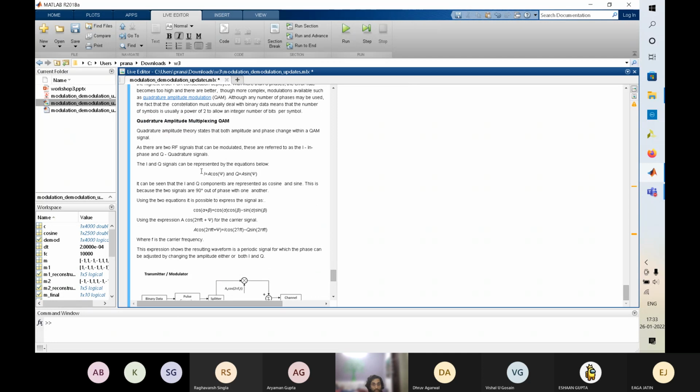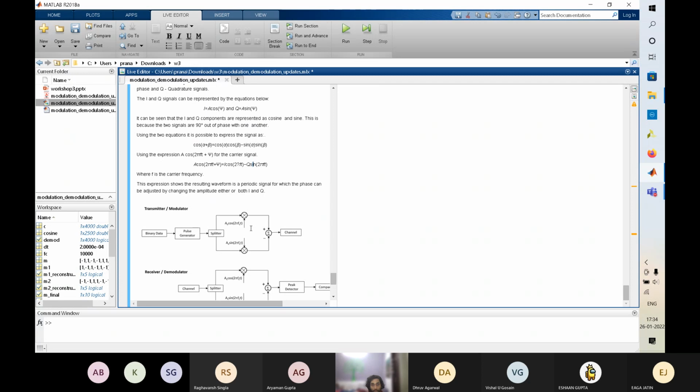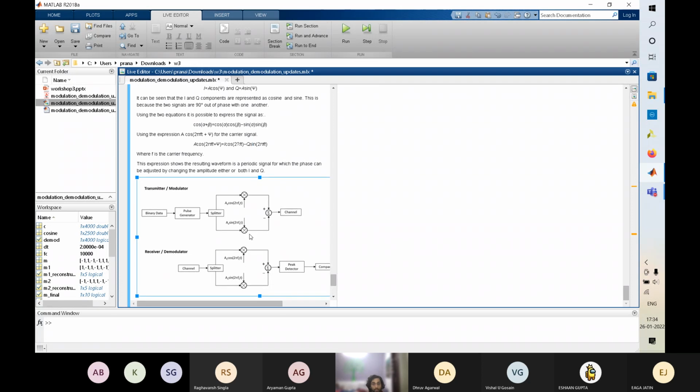In QAM there are 2 components, I and Q. I is the in-phase component, Q is the quadrature component, A cos phi and A sin phi, and it is multiplied with the carrier. This is somewhat how the transmitter looks.